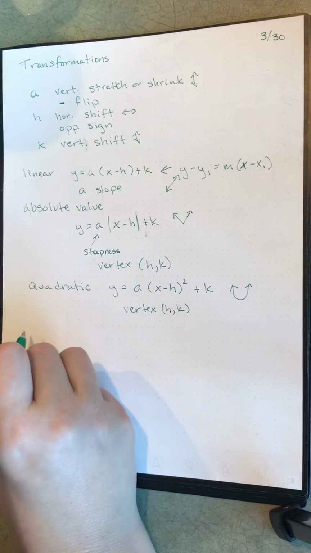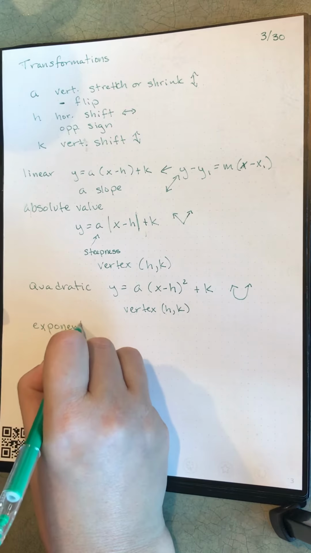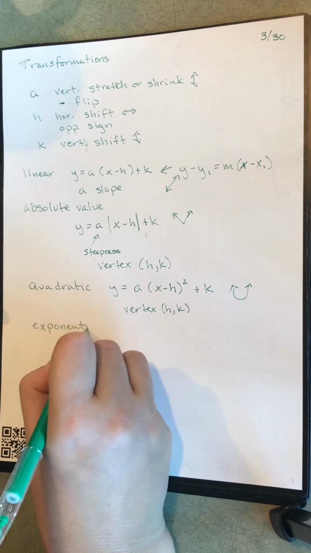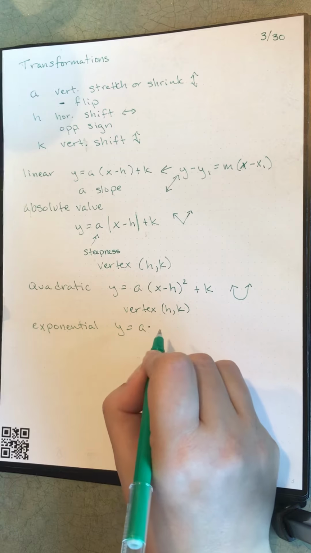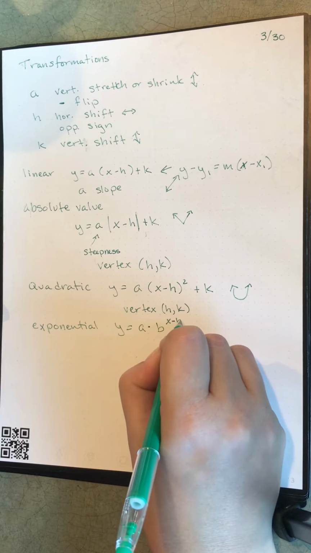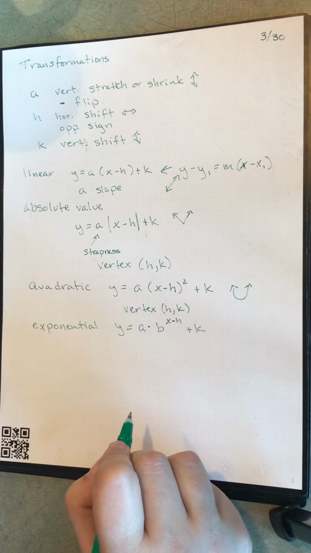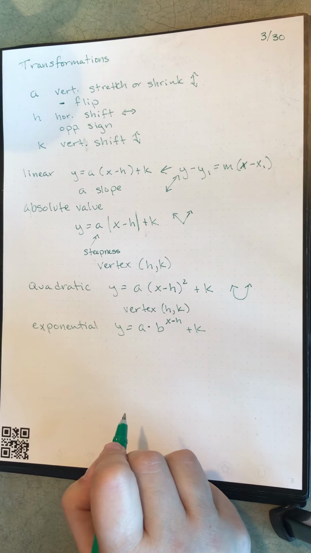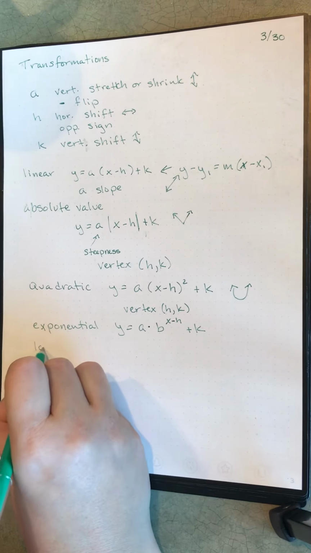And then we have exponential. Y equals A times B to the X minus H plus K. And then we have our log.